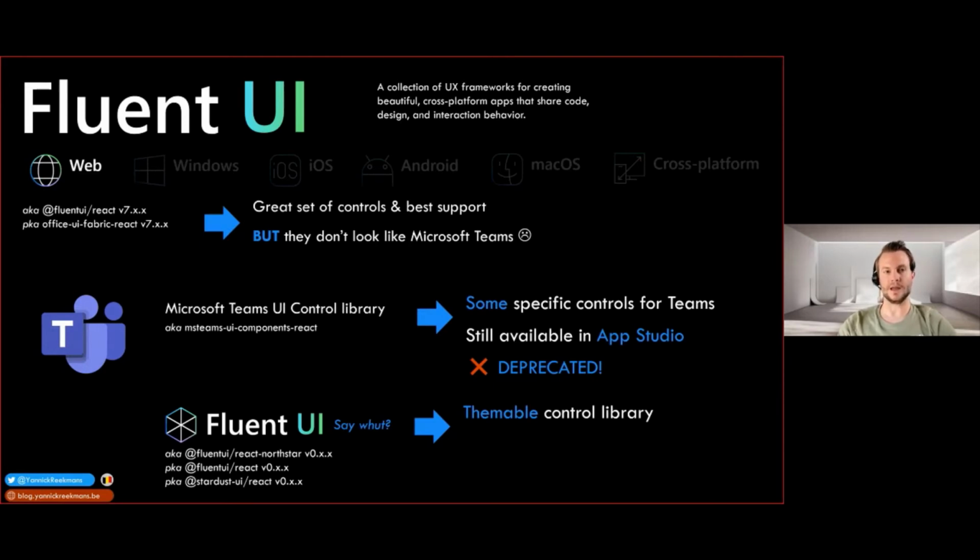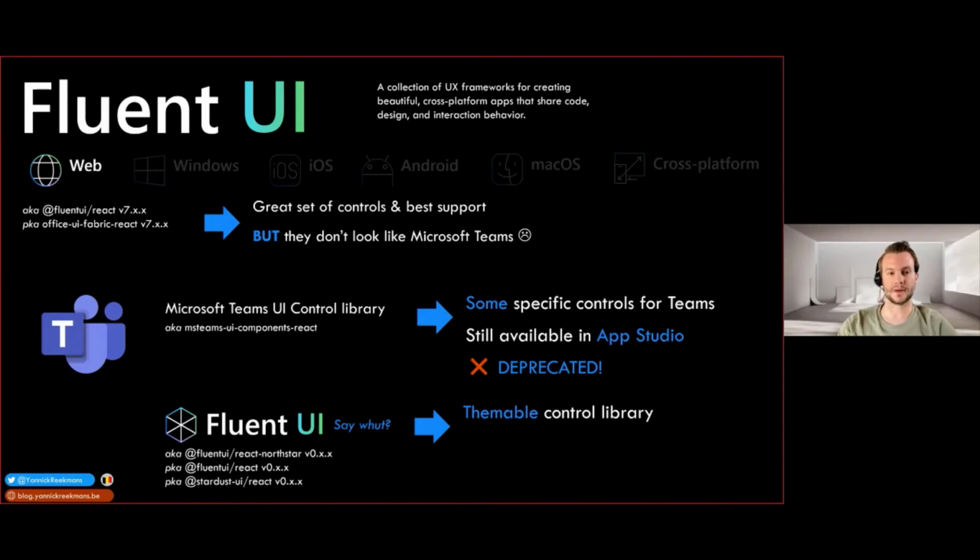Their goal was to take all the controls that are available in Fluent UI or in Office UI Fabric React and take a different, themable approach so that this library can be used in multiple places, just as a theme can be applied, be it CSS or something else put in your application, so that the same controls can be rendered in a light mode and a dark mode for Teams, but also be used in SharePoint and take the SharePoint branding, for example. So it's a themable control library.